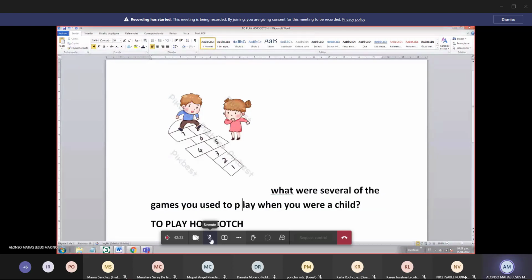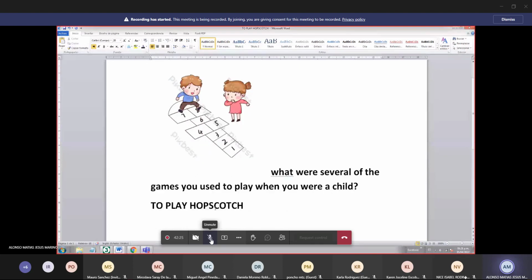Do you remember that? Do you remember the hopscotch? Do you remember this game, the hopscotch? Yes, teacher. What other games?